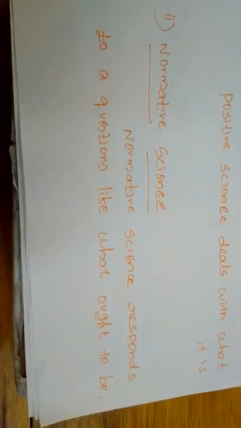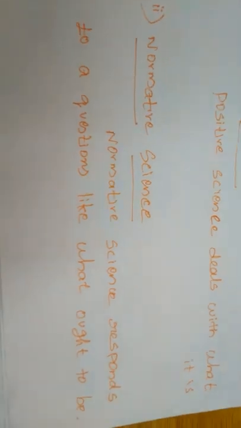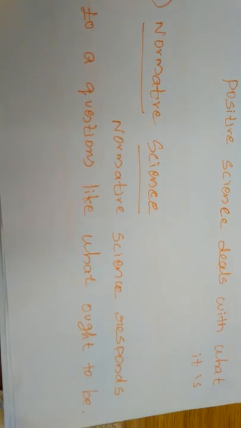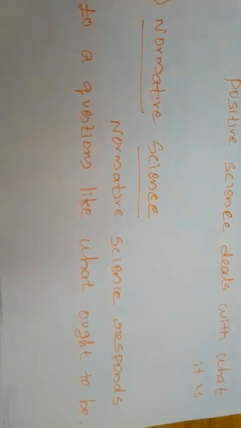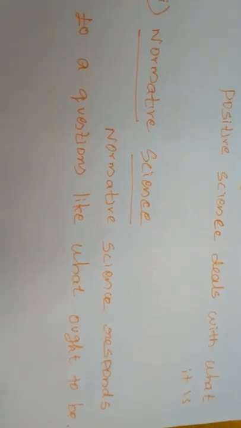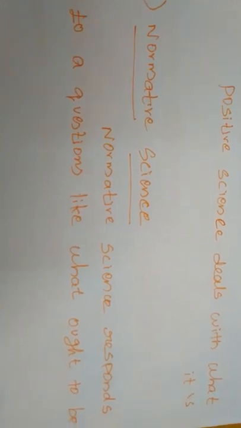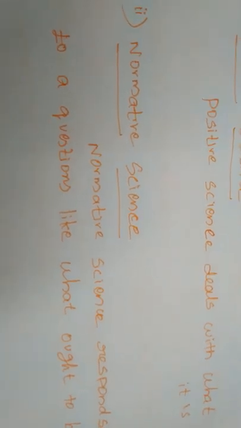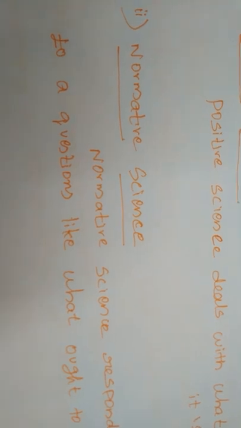Normative science responds to a question like what ought to be, how it should be solved, what will happen, whether it is good or bad. Everything will be there. Normative science always deals with what ought to be. And normative science will not analyze any cause and effect.